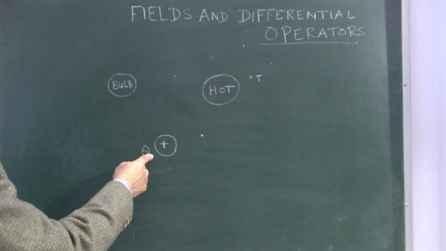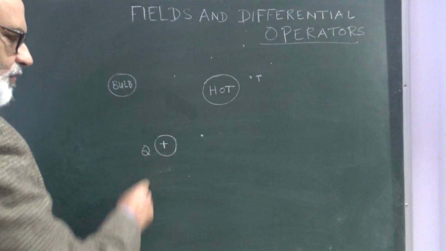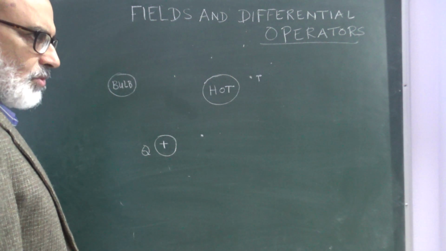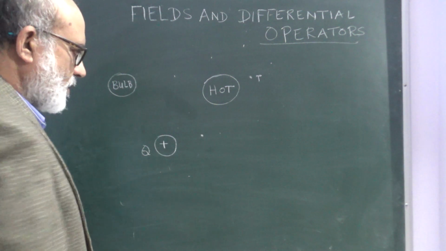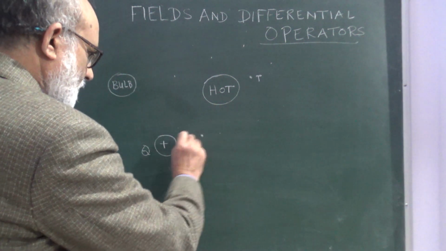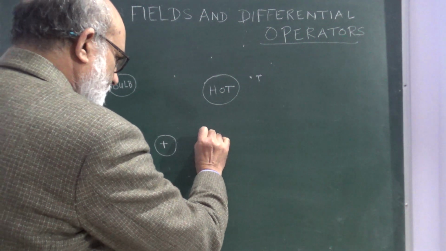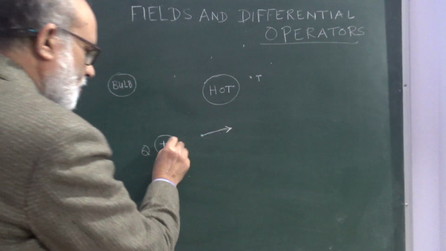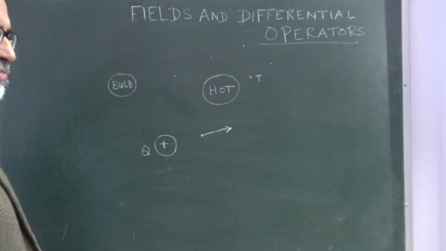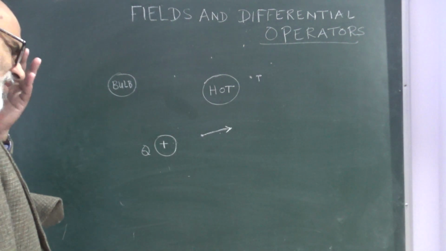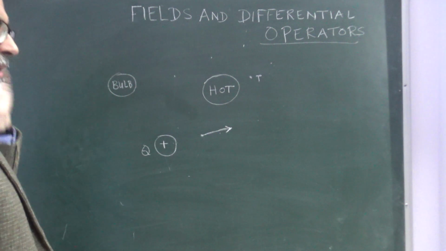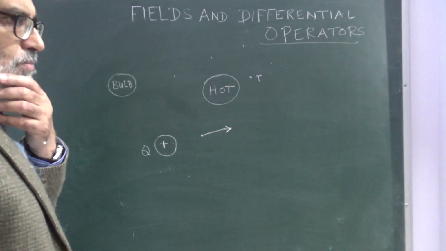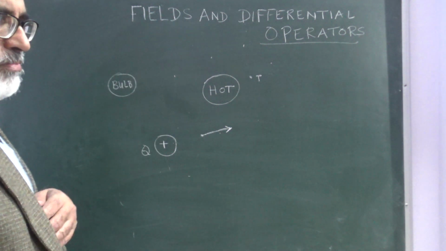But what about this electric field? This electric field is the force, and force is a vector quantity. It means this is a vector field. The electric field is outside the charge, radially outward. Similarly, electric potential or gravitational potential is the energy.